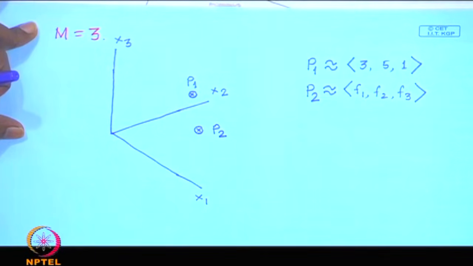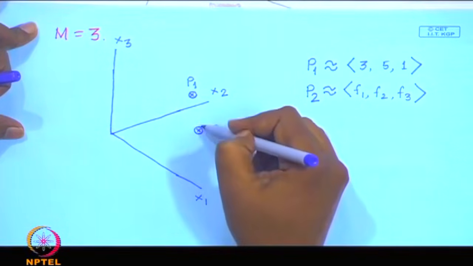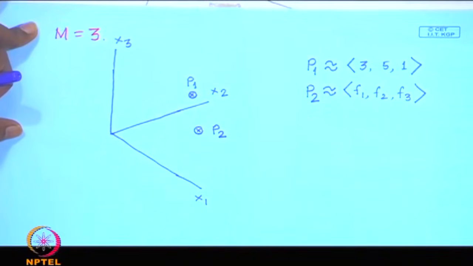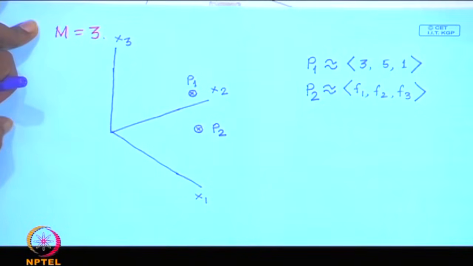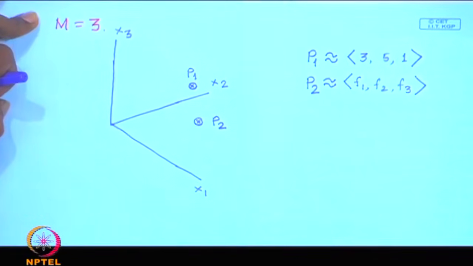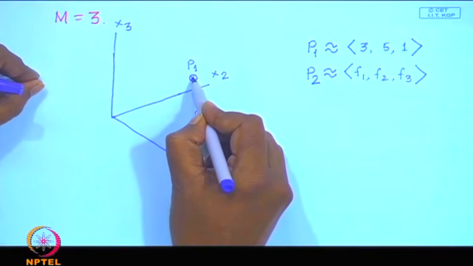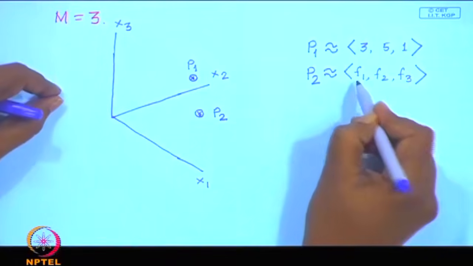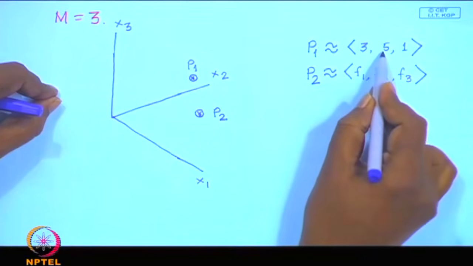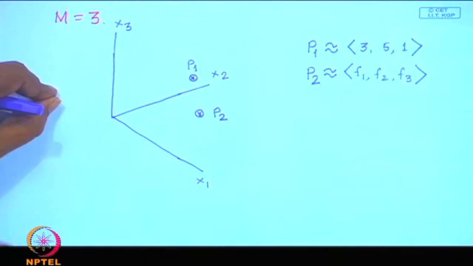Now, once these patterns are represented in the 3 dimensional feature space, I can measure the similarity or dissimilarity between P 1 and P 2 simply by taking the distance between these two feature vectors. If the patterns P 1 and P 2 are identical, this point P 2 and this point P 1 should be coincident, that is f 1 should be equal to 3, f 2 should be equal to 5 and f 3 should be equal to 1.